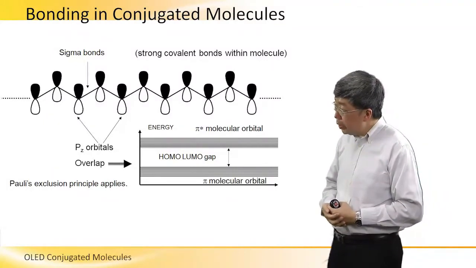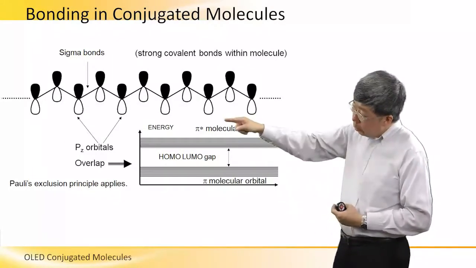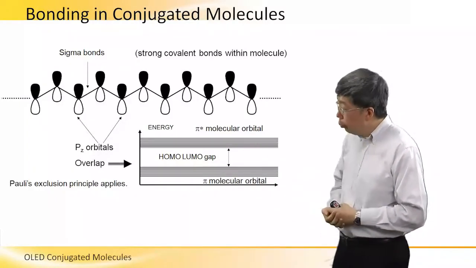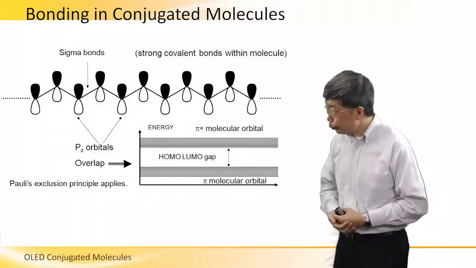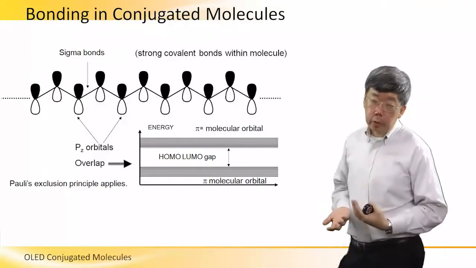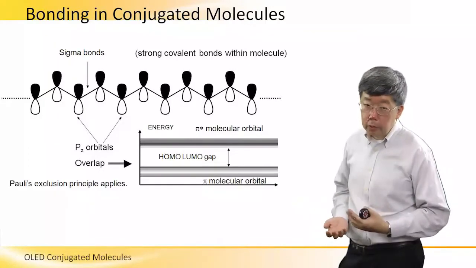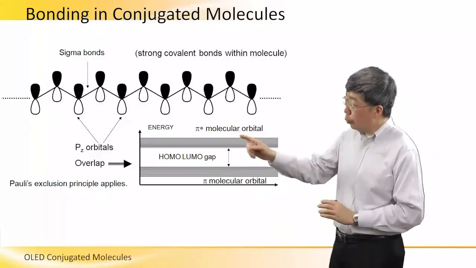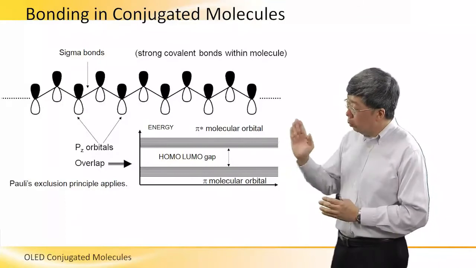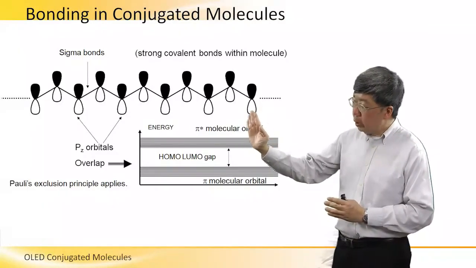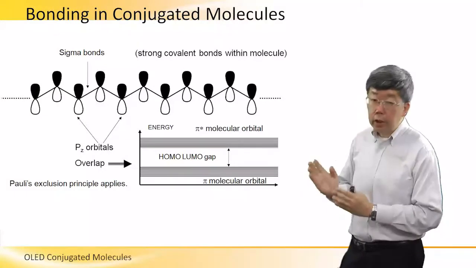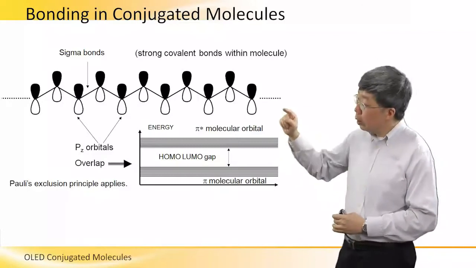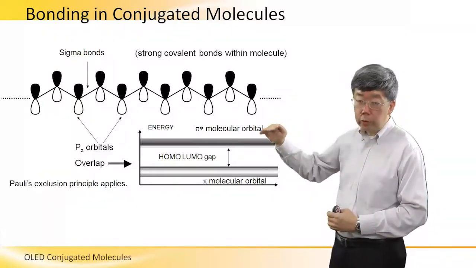These are what's called the pz orbitals, and they are oriented perpendicular to the plane of this chain molecule. Now, due to a principle in quantum mechanics which we cannot discuss in detail, called the Pauli exclusion principle, we find that when the pz orbitals overlap with their adjacent neighbors, the energy of the electron in the pz orbital will have to split.